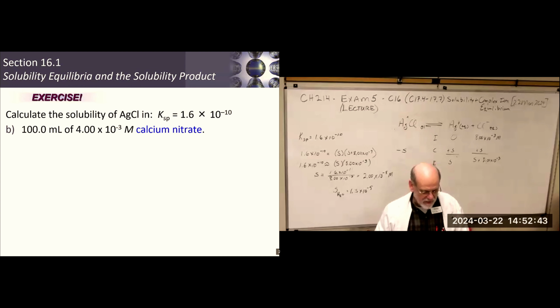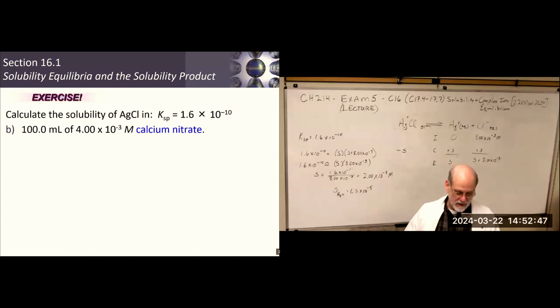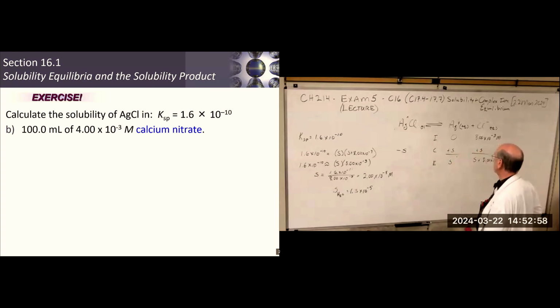Okay. Calculate the solubility of silver chloride in 4 times 10 to the minus 3rd molar calcium nitrate. Well, first of all, what is calcium going to react with? Calcium chloride is soluble, right?